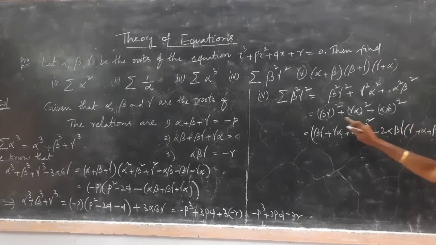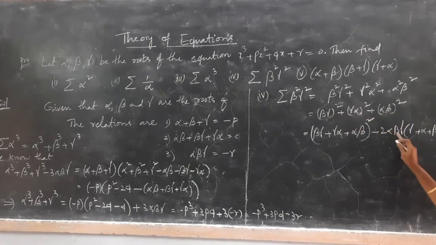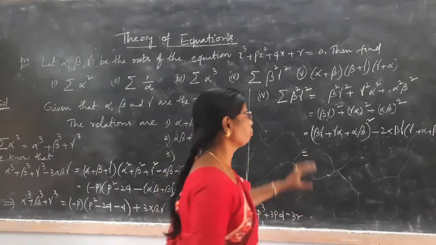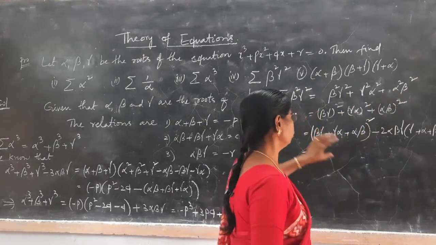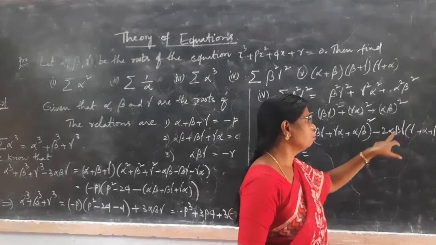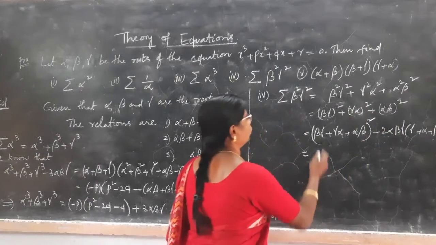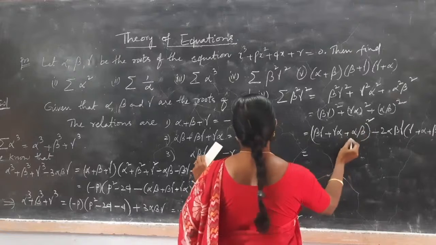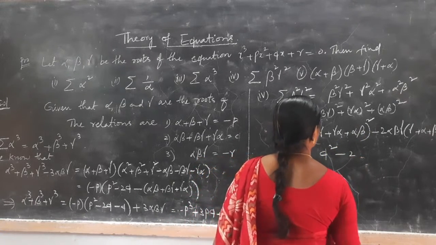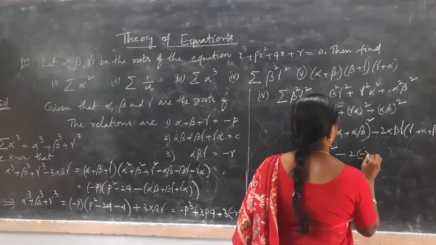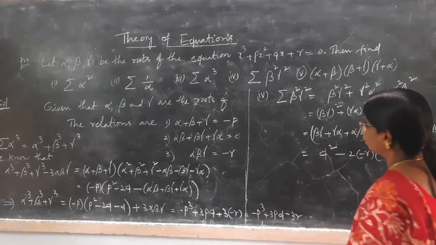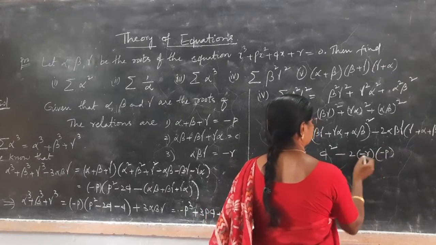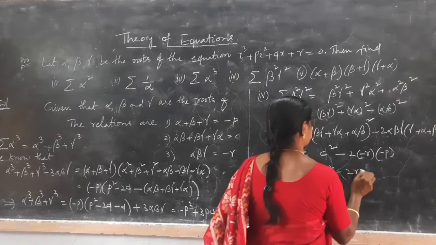I took alpha beta gamma out of 2ab, 2bc, 2ca all at once. You can write it slowly and in detail if you like. Once again I repeat the term: a squared plus b squared plus c squared is equal to (a plus b plus c) whole squared minus 2ab minus 2bc minus 2ca. That's all. So now apply the values. What do we have? Alpha beta plus beta gamma plus gamma alpha is q, so q squared, minus 2 alpha beta gamma, which is minus r, times (alpha plus beta plus gamma), which is minus p. So q squared minus 2pr.